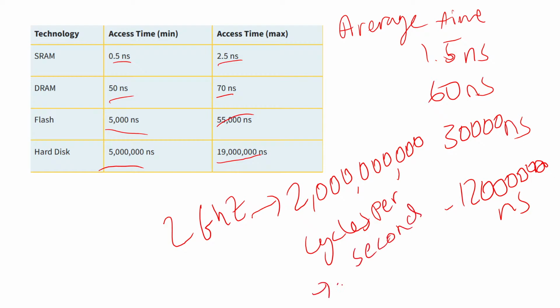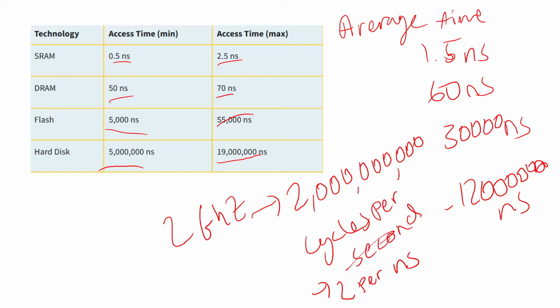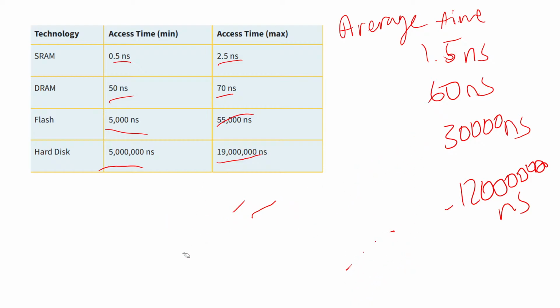So that means 2 per ns. So all we're doing is going to times all of these by 2 to get how many cycles per nanosecond.